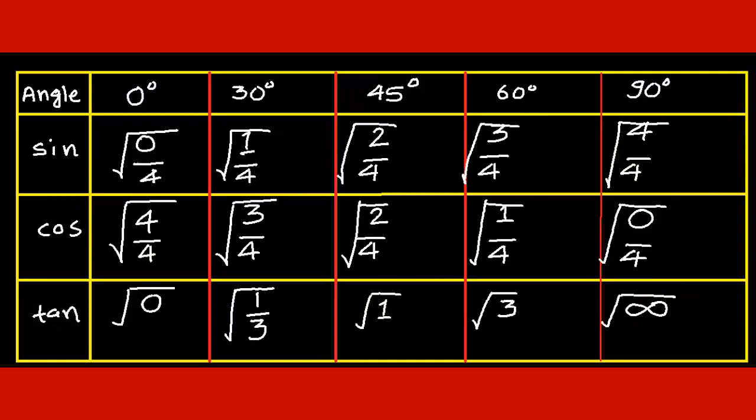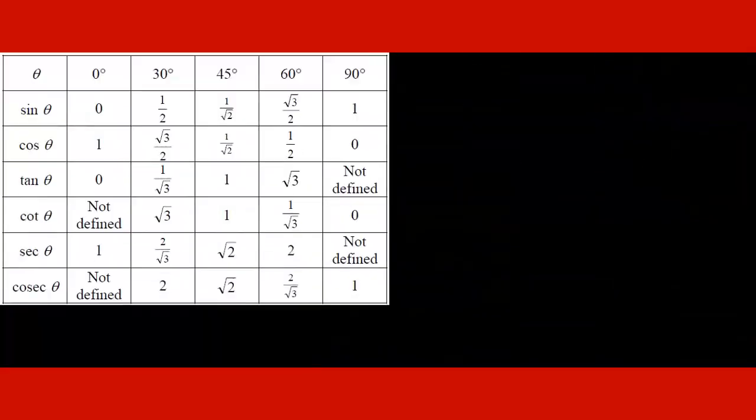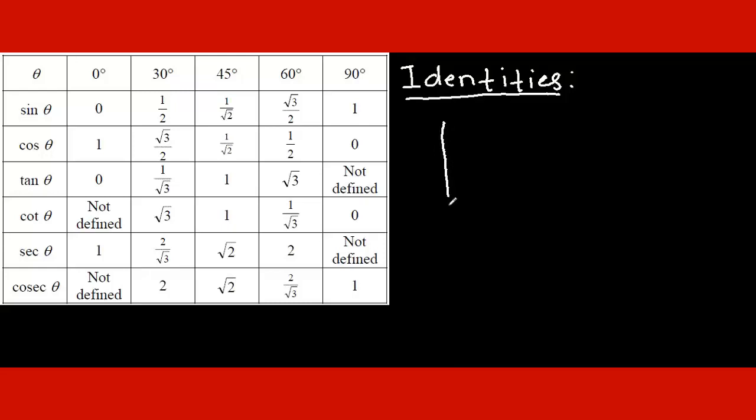Okay. Now we'll proceed further for certain identities. Okay. There are certain identities which are, first I'll take, now let me draw a right angle triangle ABC.